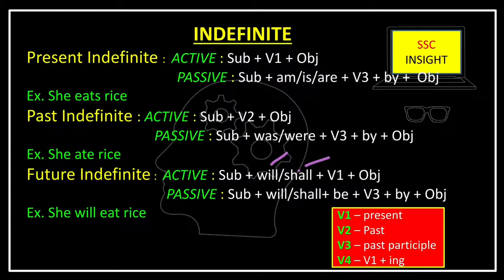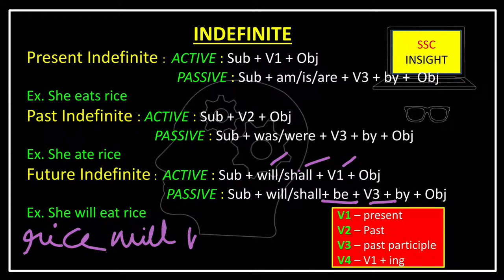Will or shall plus be plus third form of the verb, that is past participle of the verb, plus by plus object. So she will eat rice becomes, in passive voice, rice will be eaten by her. So these are the cases of indefinite tense.